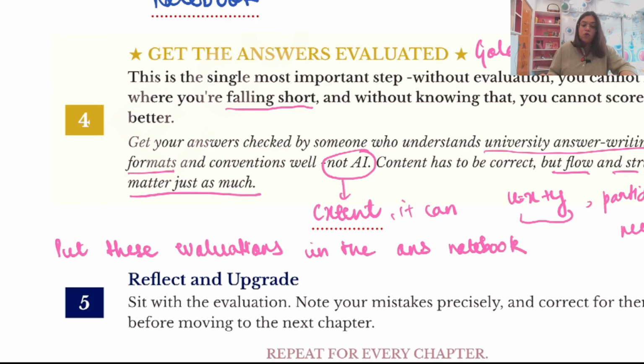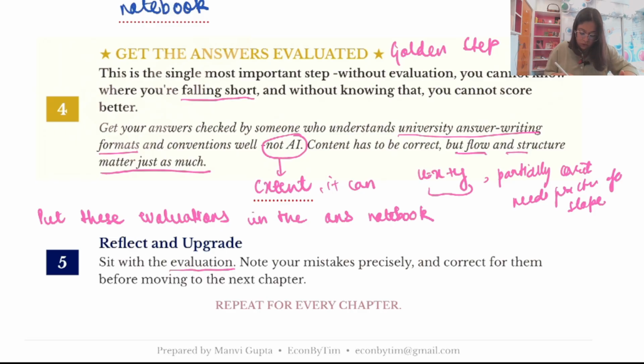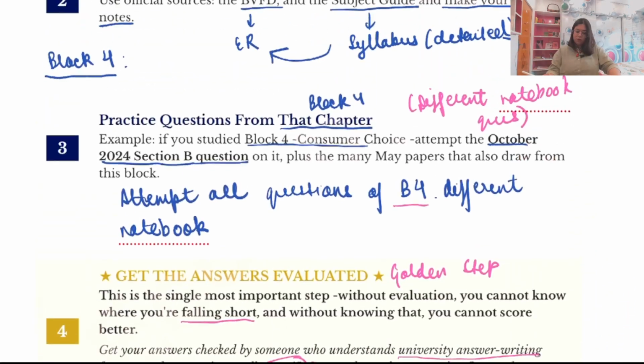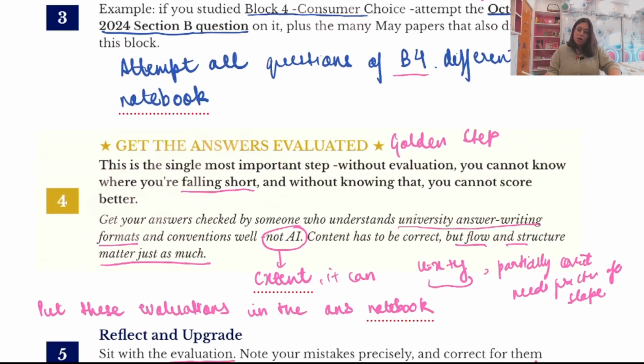And then you go through your evaluation, and in case needed, you also update your notes of the copy one or the notebook one, because it can occur that while studying you may have understood a concept wrong, you have copied it wrong, you might have interpreted it partially incorrectly. So update your notes. With all of these 5 steps, you are done with one block. You have to do this for all blocks in case you want to score really great.